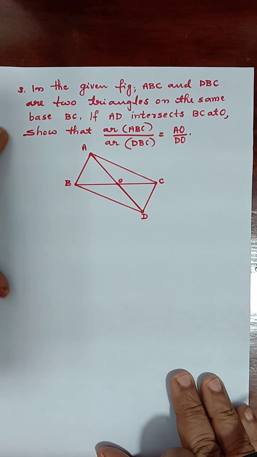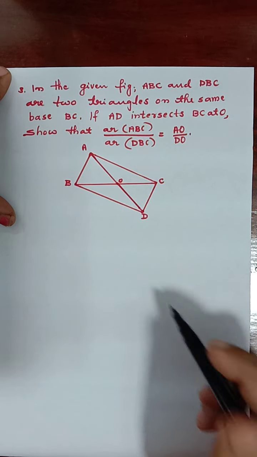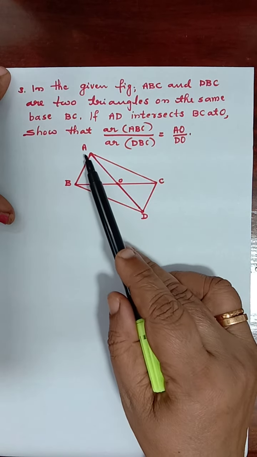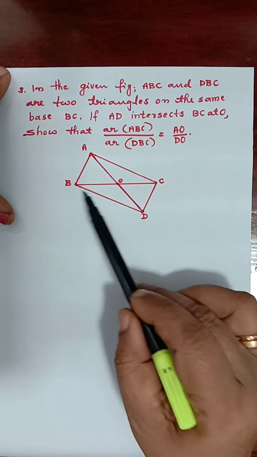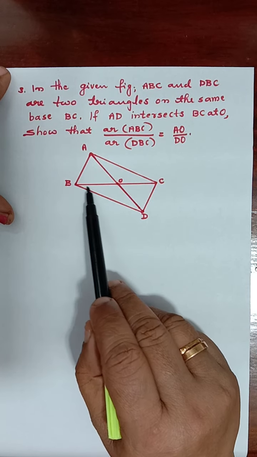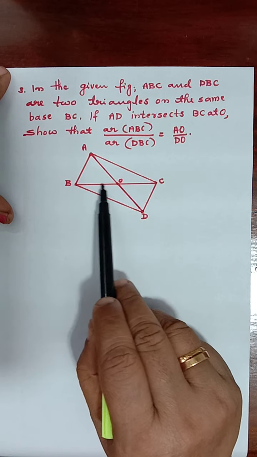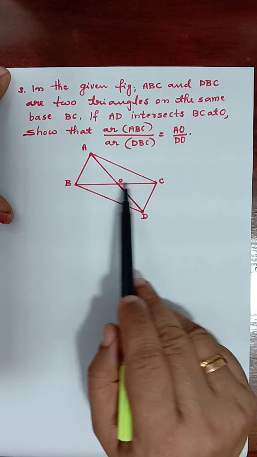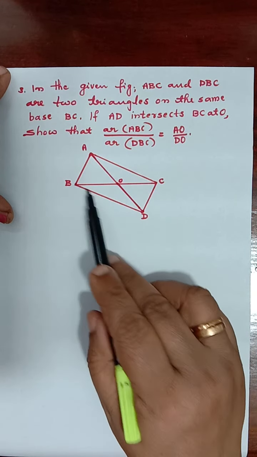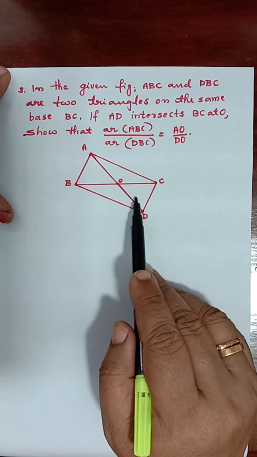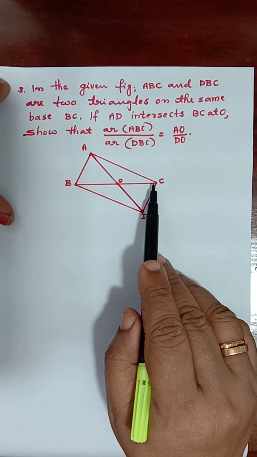Here we have the third question. In the given figure, you can see triangle ABC and triangle DBC are two triangles on the same base BC. Here BC is the base; triangle ABC and triangle BDC both are on the same base BC.